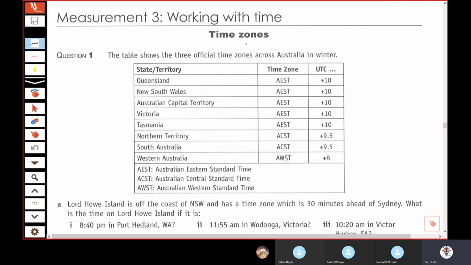Time zones. So a bit complicated sometimes. I've seen for students, I think they don't understand the idea of what's moving forward and what's moving backwards sometimes.